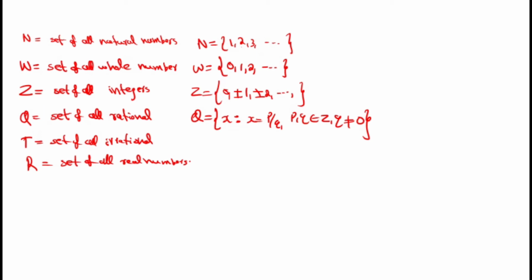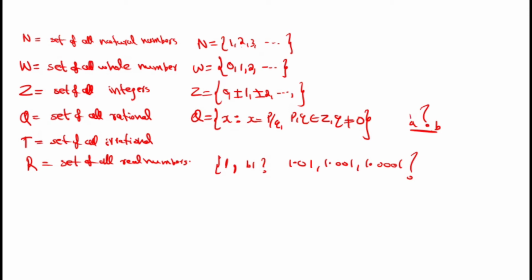But if you check any real number, suppose I am taking 1. Can you tell me what's the next real number? No, right? Is it 1.1? No. Is it 1.01 or 1.001 or 1.0001? It's a question mark, right? Why? Because between two rational numbers there exist infinitely many rational numbers.